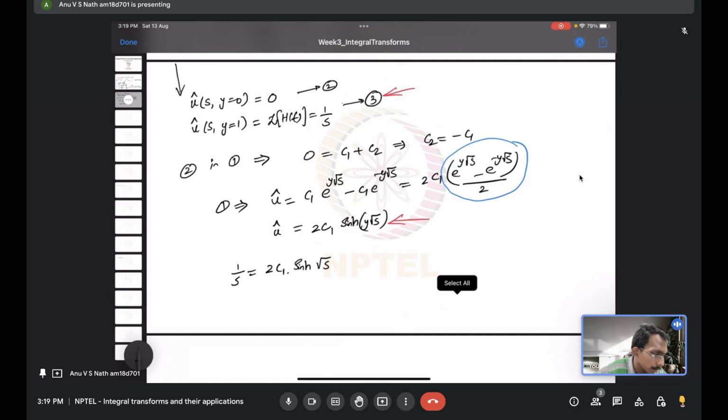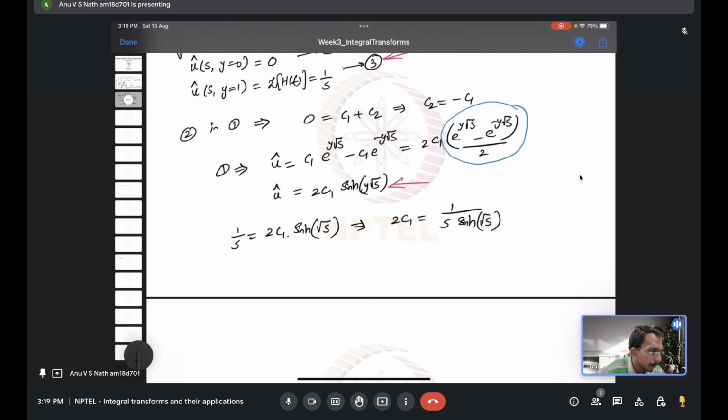So from this we can solve for 2c1, which is 1 by s times sinh root s. So this we apply back to this equation, and we will finally get u cap. So we solved for all the constants c1 and c2, and we get sinh y root s divided by s times sinh root s.